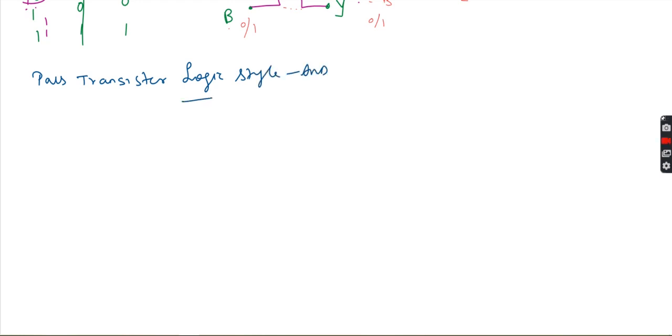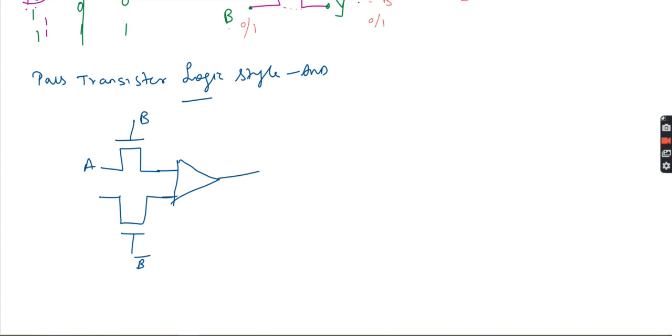One more circuit is given here. See, this is B, this is A, this is B bar, and this will be a buffer.